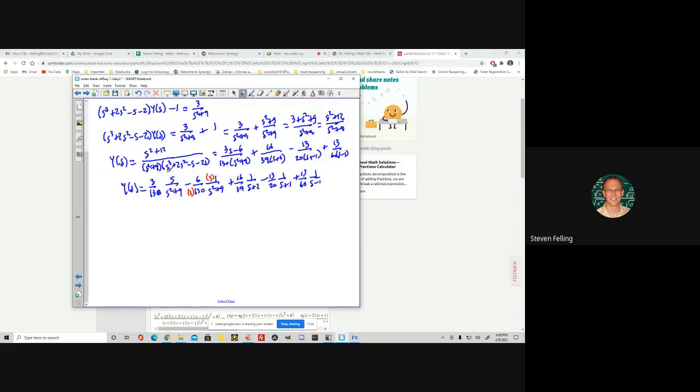So the inverse Laplace transform of the left side is y of t. And then I've got 3 over 130 times whatever s over s squared plus 9 is.